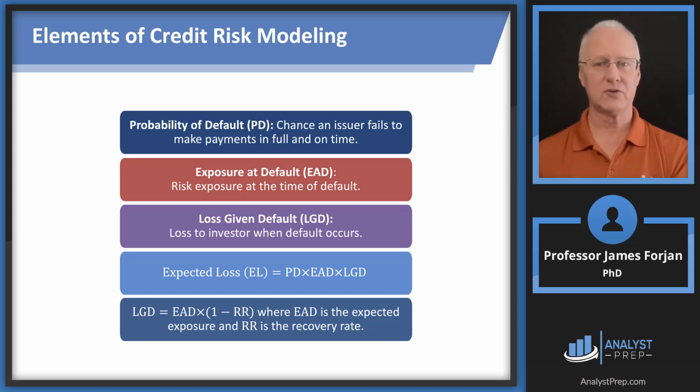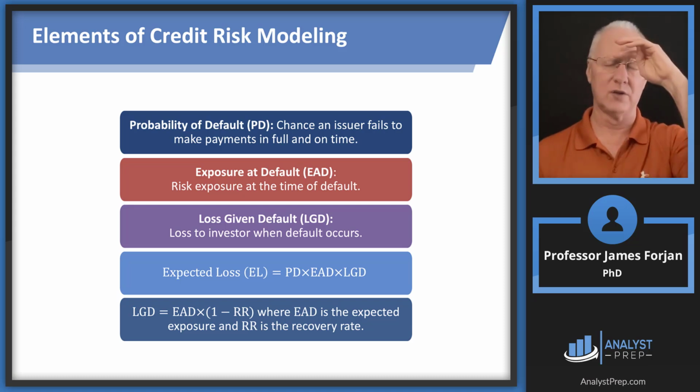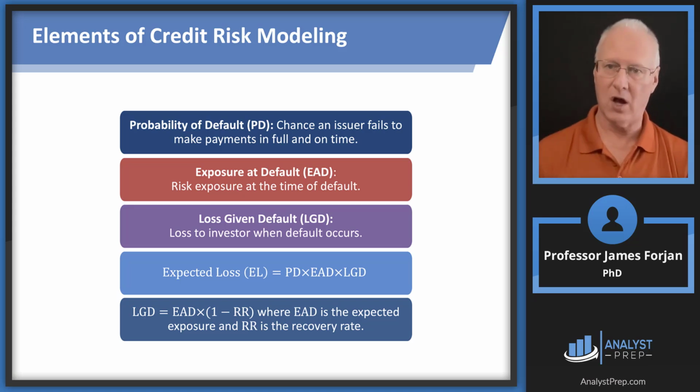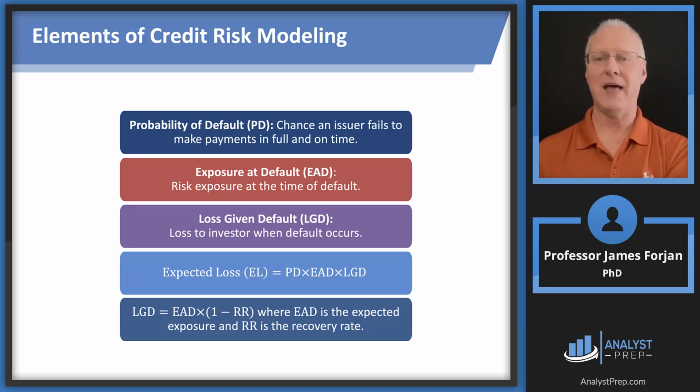Now that's going to be true in an extreme case, and we'll see that in just a second. But if you take 20% times 100, you get an expected loss of $20, right?